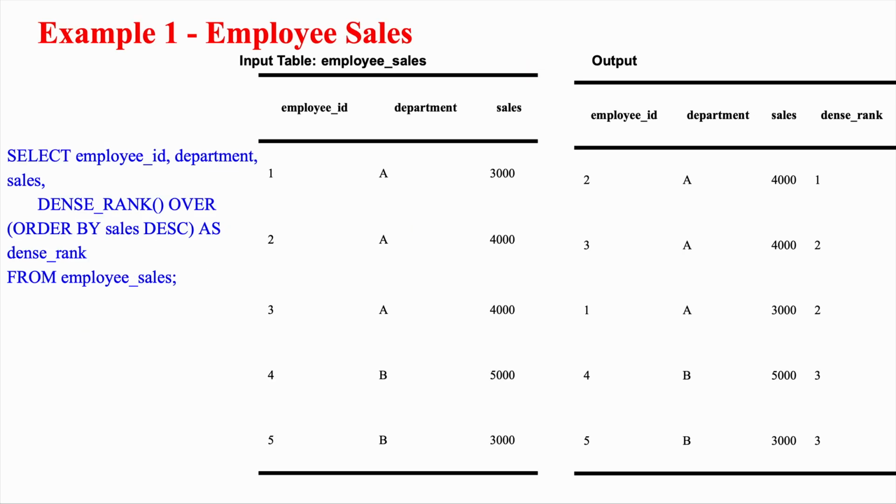Here is the same employee sales example but using dense rank over order by sales descending. Now there are no gaps, ranks are dense. This is useful for testing categories like gold, silver, bronze, where you don't want to skip ranks.